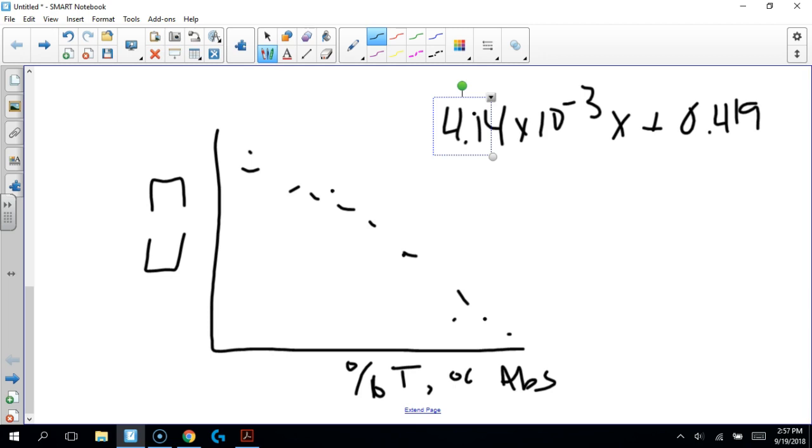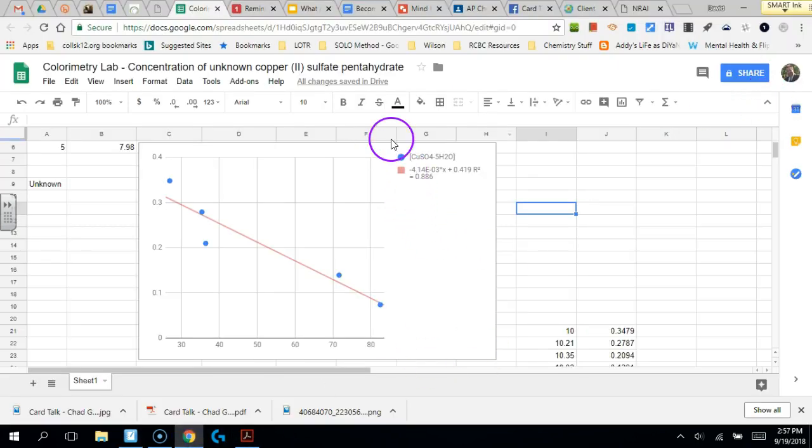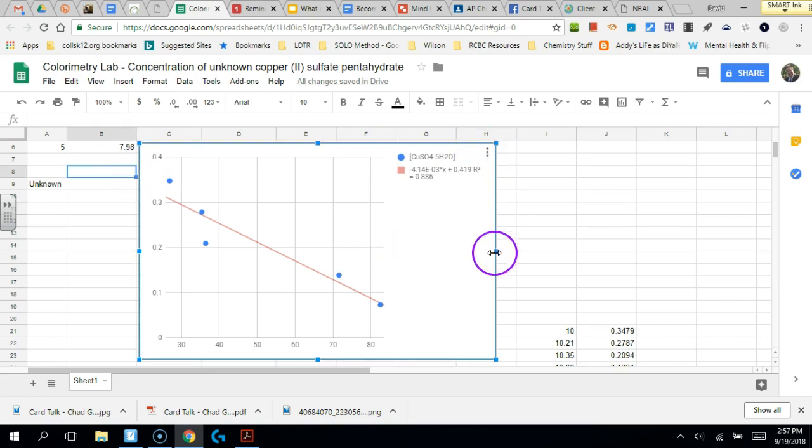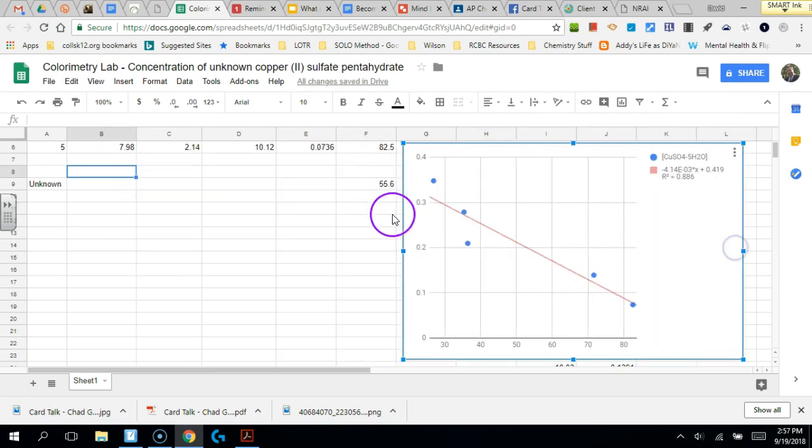Now, our unknown has an x value, because our x value is %T, of 55.6.